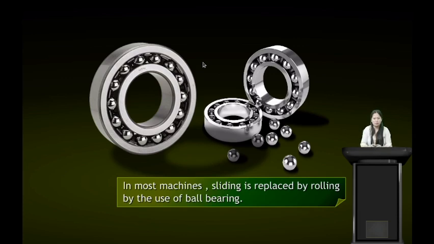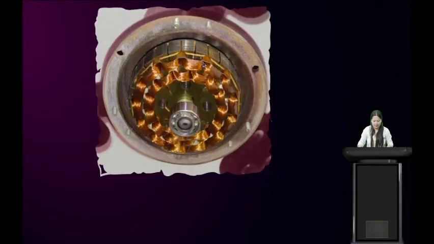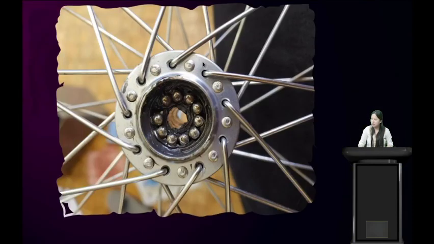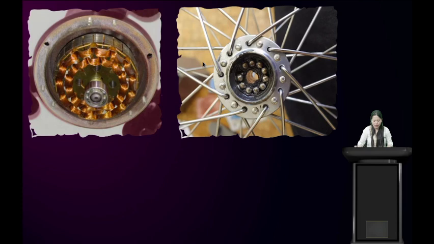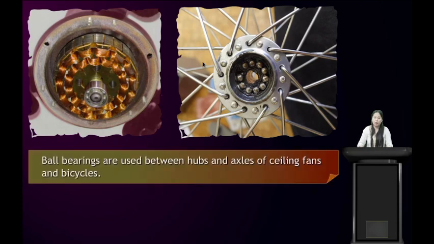Here we see some examples. We have ball bearings in these cases. Ball bearings are used between hubs and axles of ceiling fans and bicycles to reduce friction. Alright, students, we have another question.